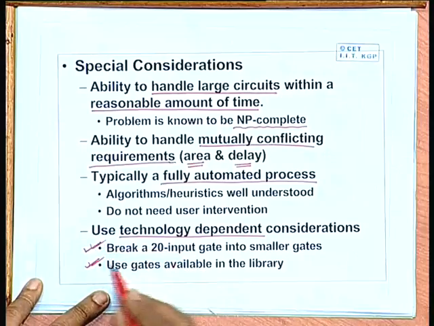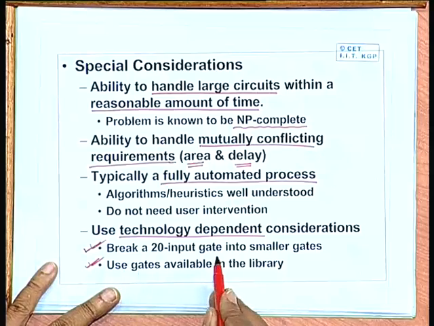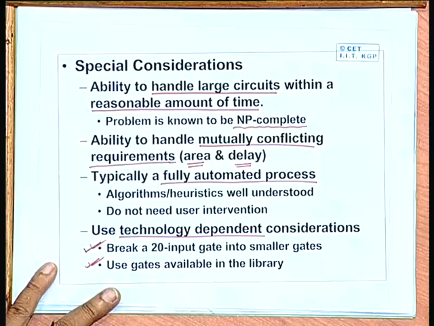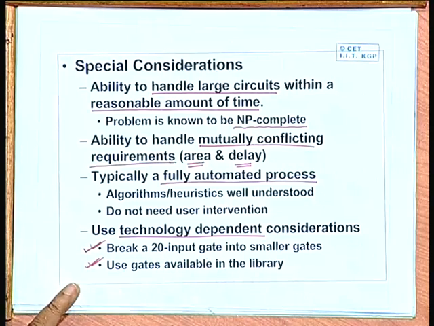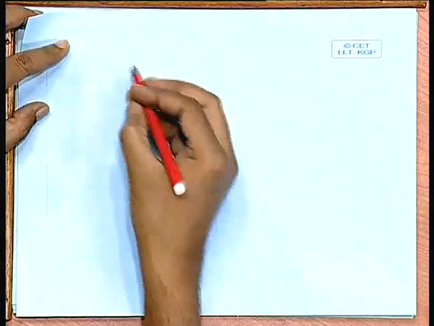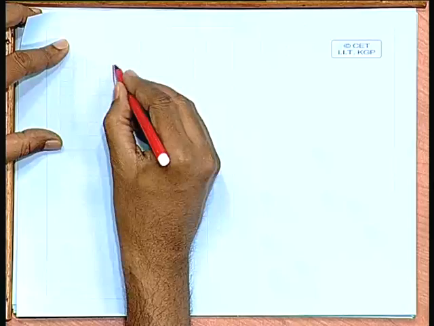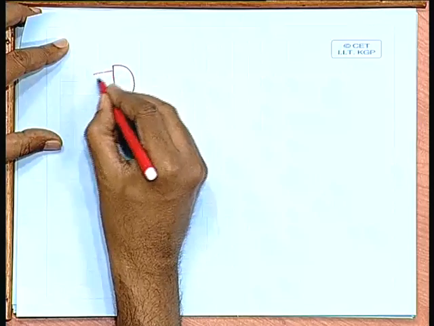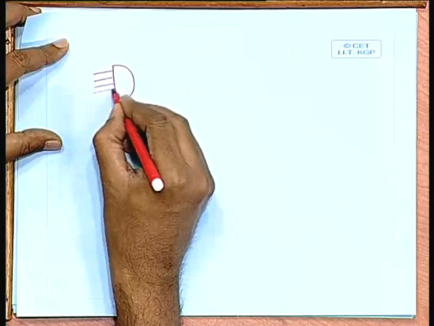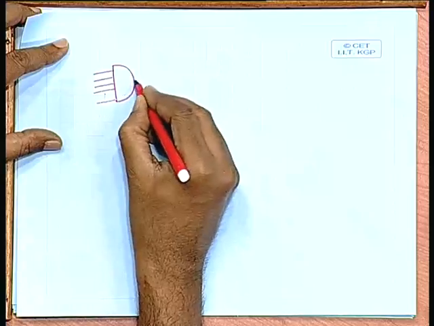Now, another example which has been mentioned here is that if you have a gate with a large number of inputs, you better break it up into smaller gates. What I am saying is that suppose you have an AND gate with a large number of inputs.